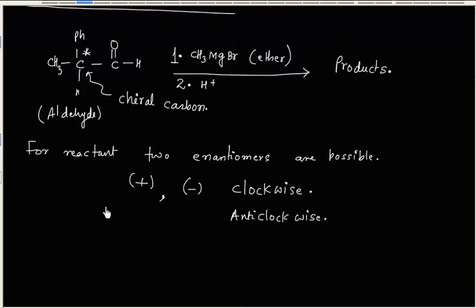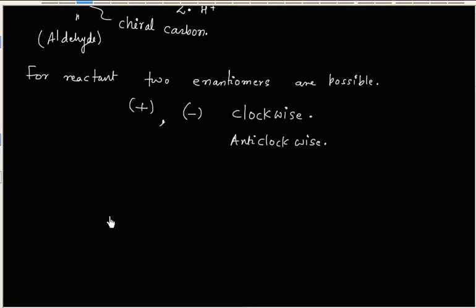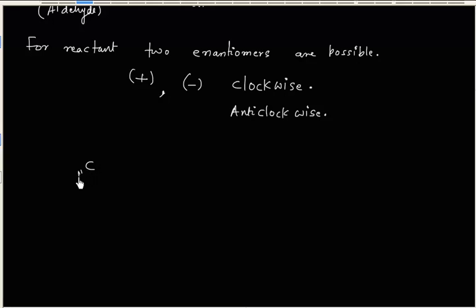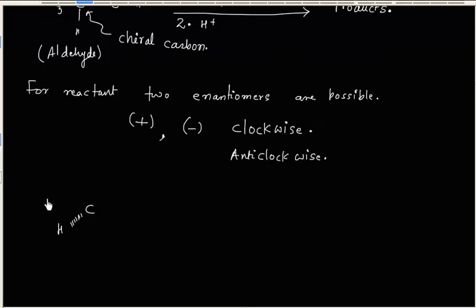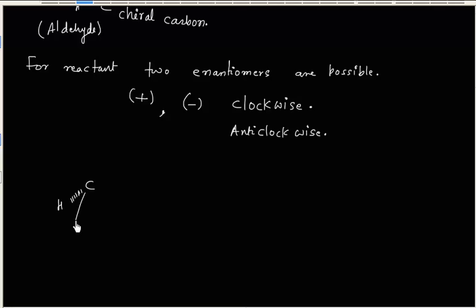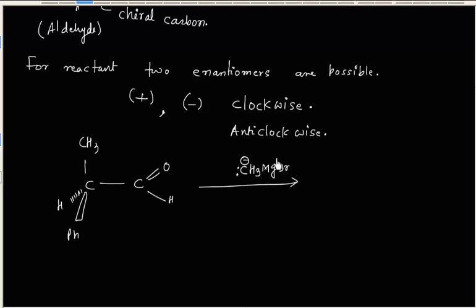Now let us say in this reaction we are taking one of the isomers, so we have this compound. Now this is treated with Grignard reagent. Ether is the solvent.